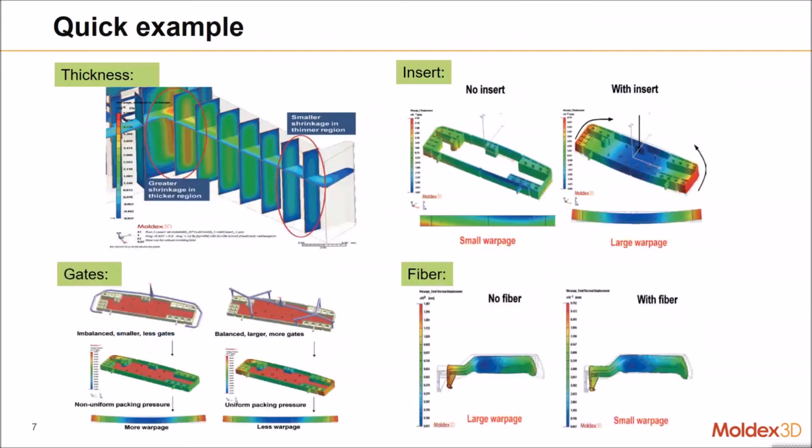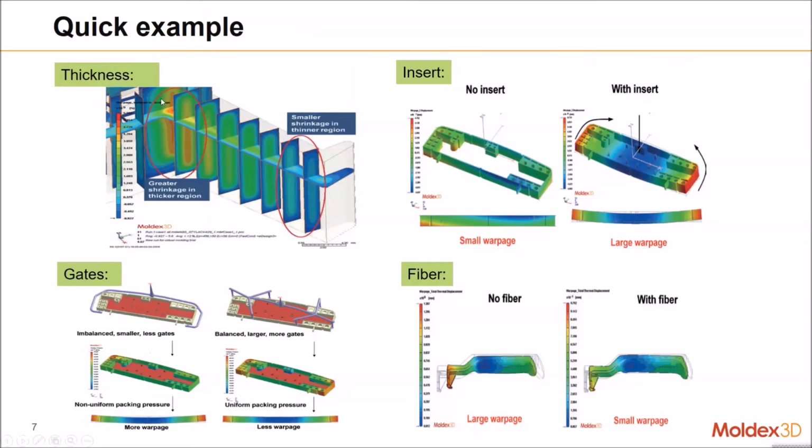Okay, so here are a few quick examples to demonstrate how those factors cause the warpage issue in the MODEX 3D simulation software. The first one here we can see is the thickness. In the left bottom is the thickness. After slicing the model from the MODEX 3D software, we can see the volume shrinkage value inside the part.